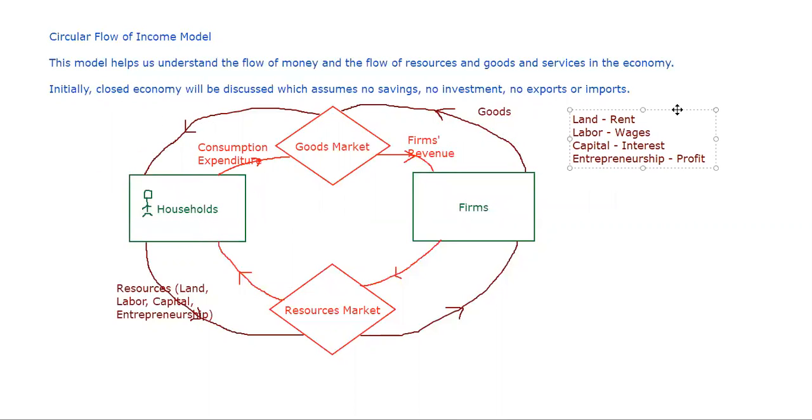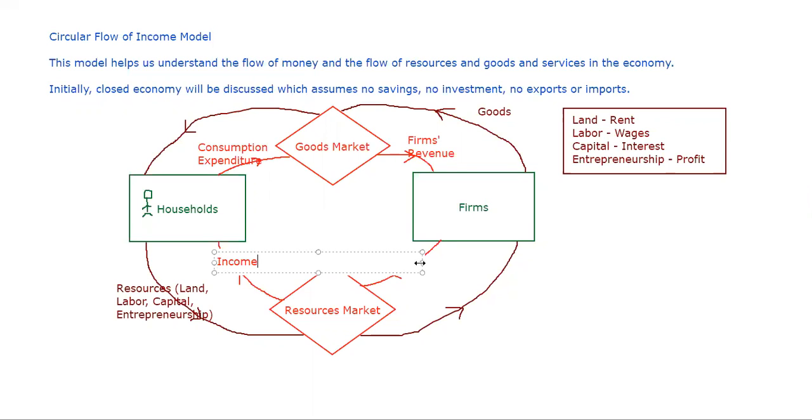So maybe on this side, I can paste it. Now the money flow to the households is called the household income or simply income. So let's call it income. And the money that the firms spend is called the firm's cost of production. Something that we've seen already in the theory of firms chapter.